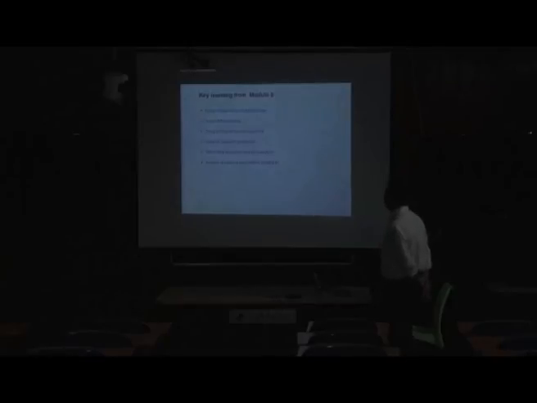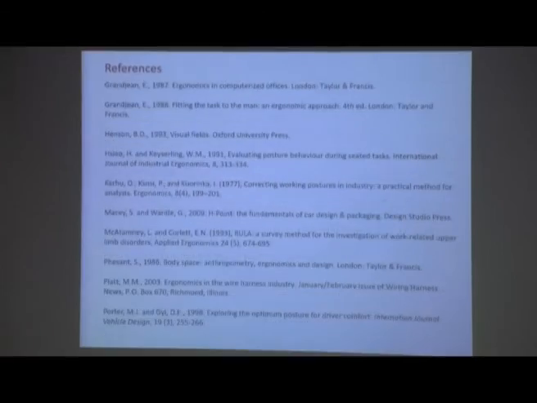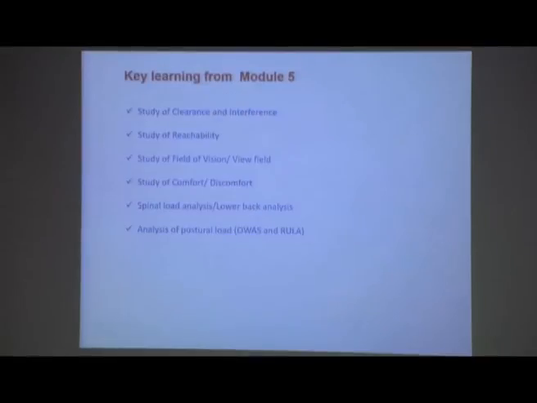Now we are moving to key learnings from this module 5. In module 5, if we recapitulate from the very beginning, we discussed the study of clearance, dimension, clearance and interference.